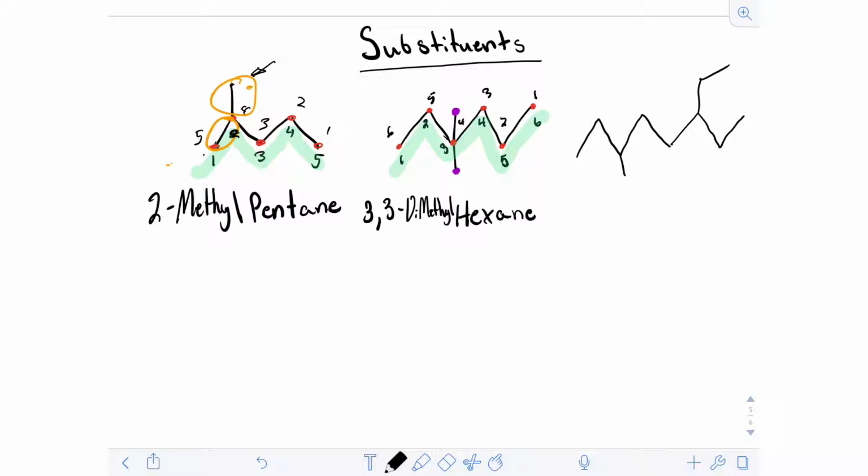Your tris or your dis are always going to match up with your numbers. So that 3 indicates the carbon they're both found on, and then the number of each that are on that carbon.